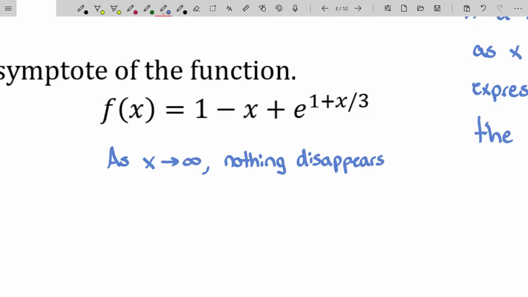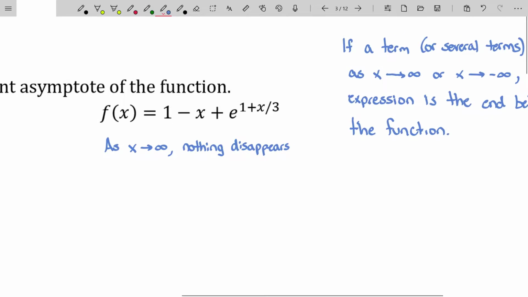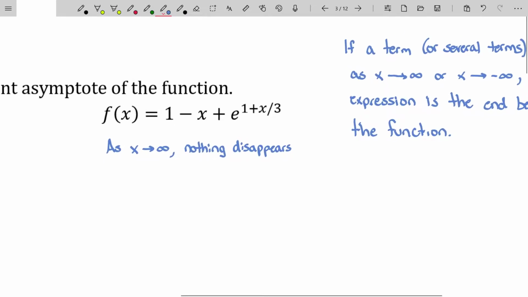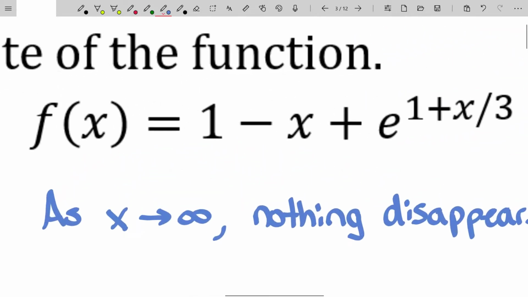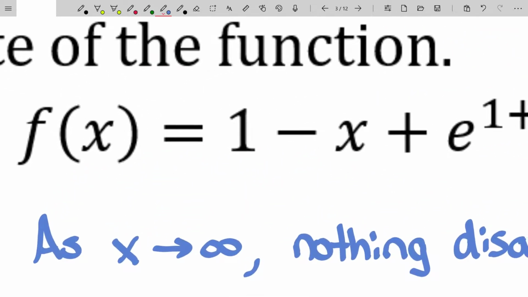Now let's investigate as x goes to negative infinity, because we do have to investigate both directions. As I mentioned previously, you can actually have a function that has a slant asymptote only in one direction. So as x goes to negative infinity, again, 1 is always 1. And negative x would go to positive infinity.